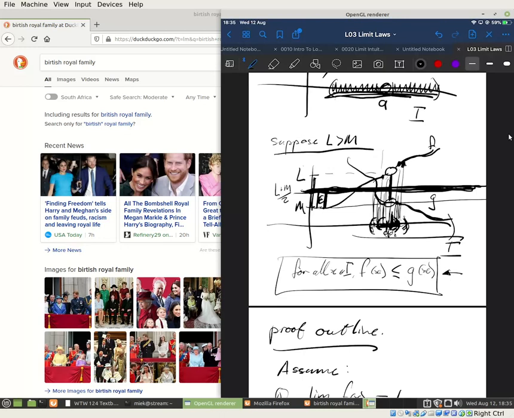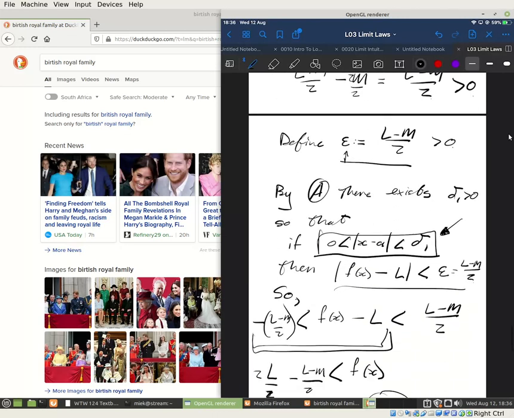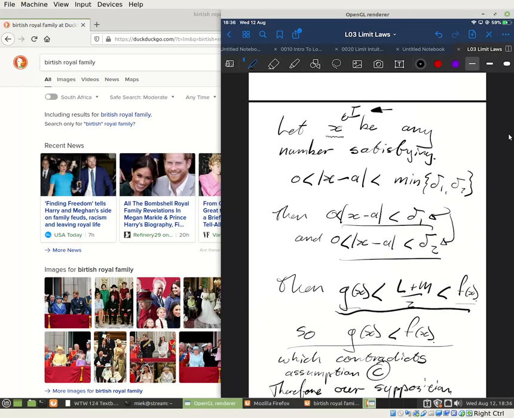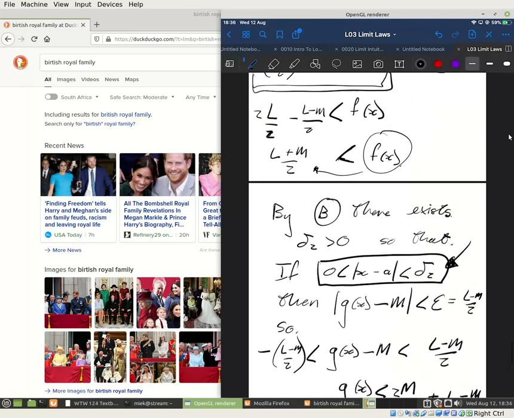You take any element x inside the intersection of these two intervals, and the value of g there will be less than the average, the value of f there will be greater than the average. But this is the wrong way round. So we get the value of f at this point is greater than the average, the value of g is less than the average, but this contradicts C.